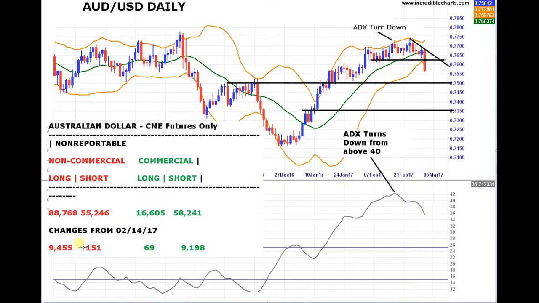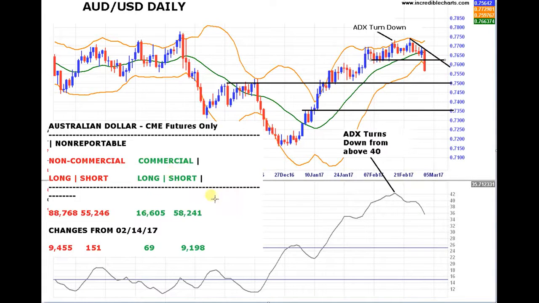So net longs going in about 9,300. What I would say about the non-commercials is they were basically short until the 75 level, and they didn't go net long until the 76 level. So what they're doing is they're buying into the highs.